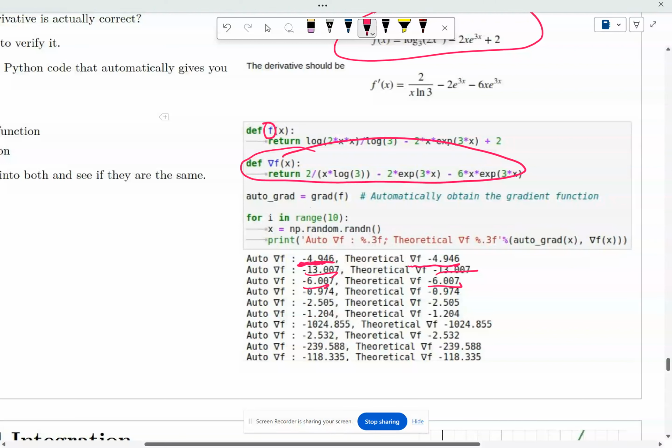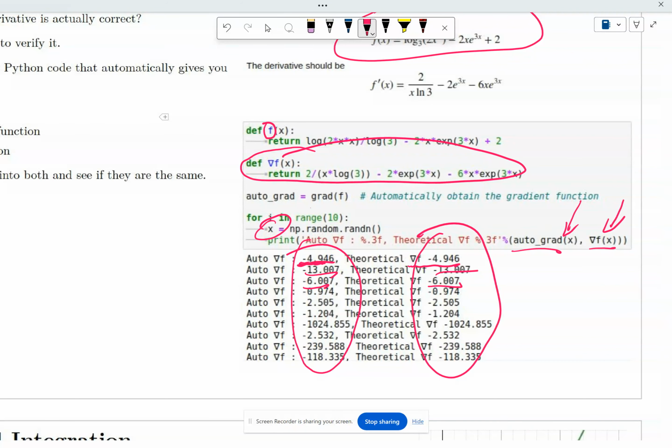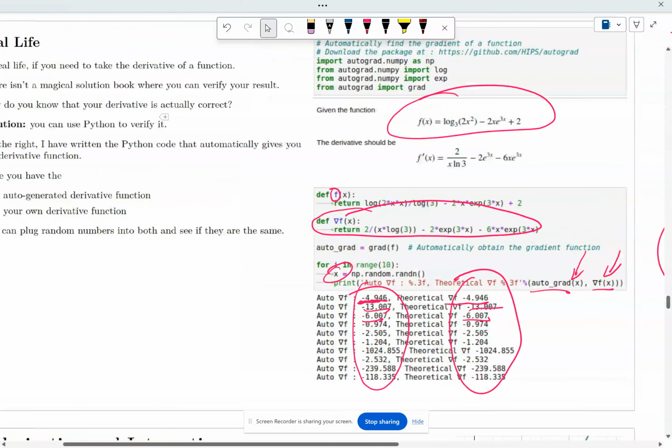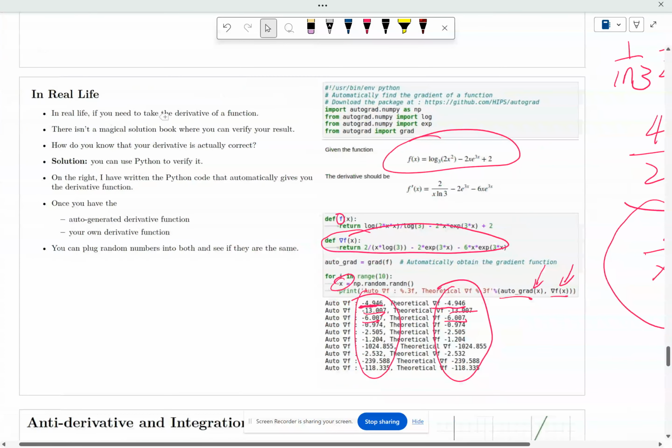So I randomly generated x and put them into the auto-generated one versus mine, and the fact that they achieve the same result confirms that the function I found is pretty good. Okay, so this is one way. There are other ways to confirm your derivative. This is a very, very simple way.